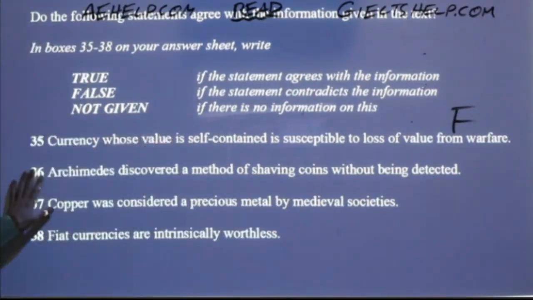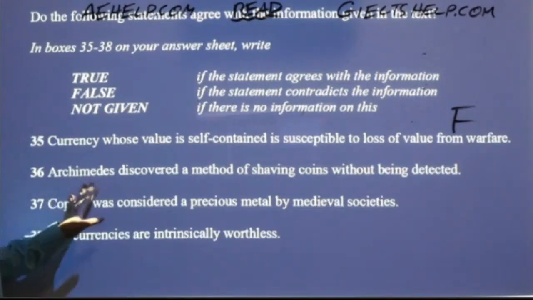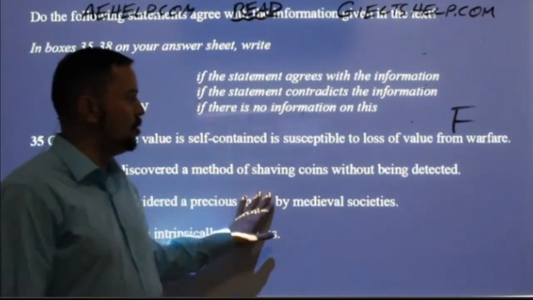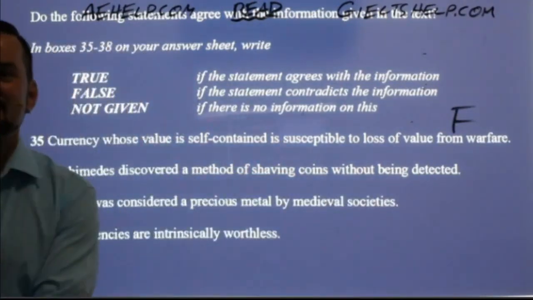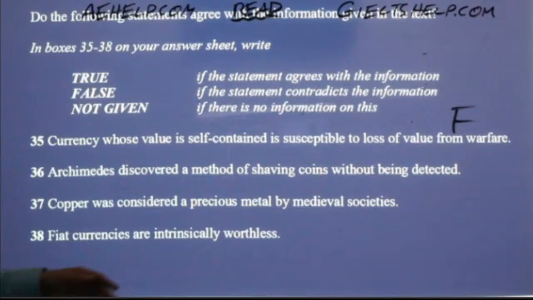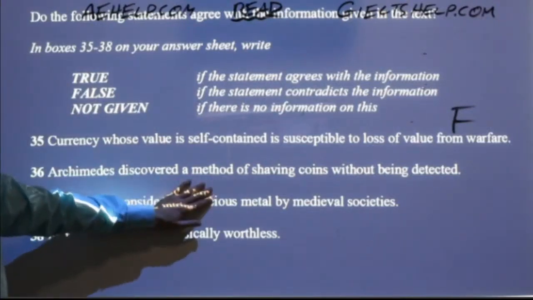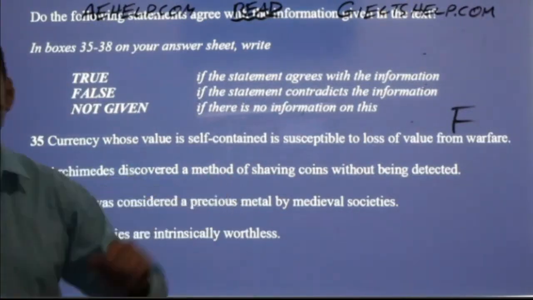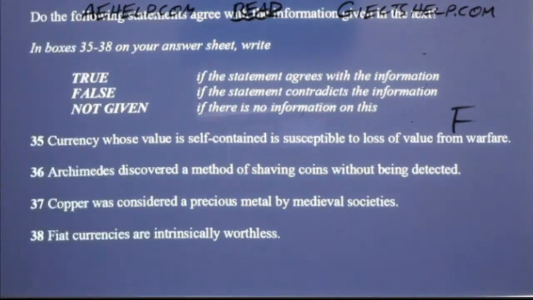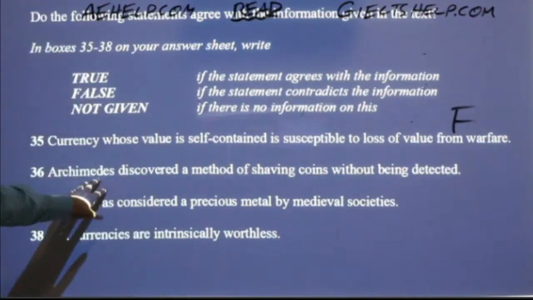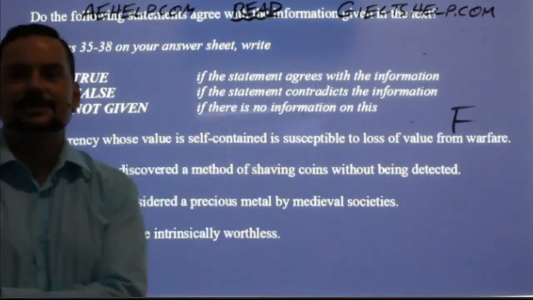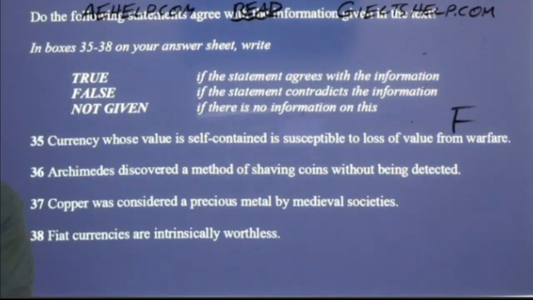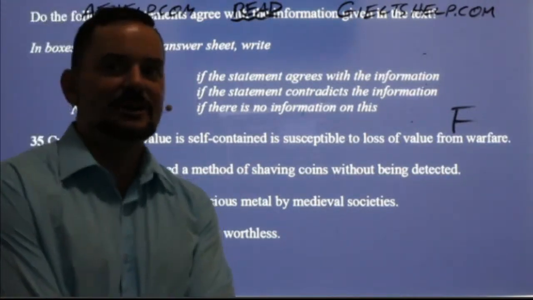Okay, 36. Archimedes discovered a method of shaving coins without being detected. Is Archimedes' discovery important for this paragraph or for this passage? For 35 or 36? So is what Archimedes discovered important? Does the passage talk about Archimedes?